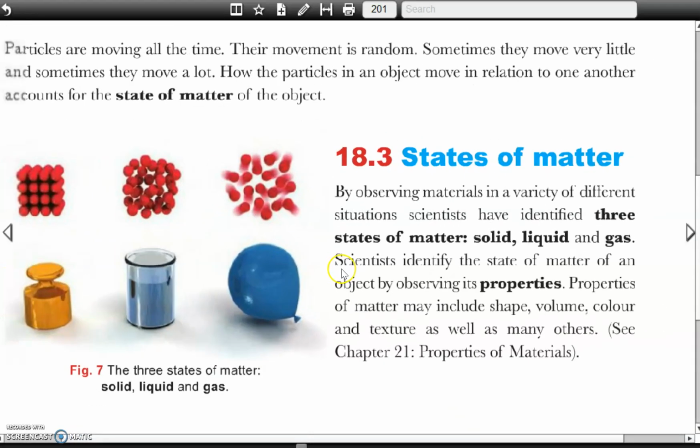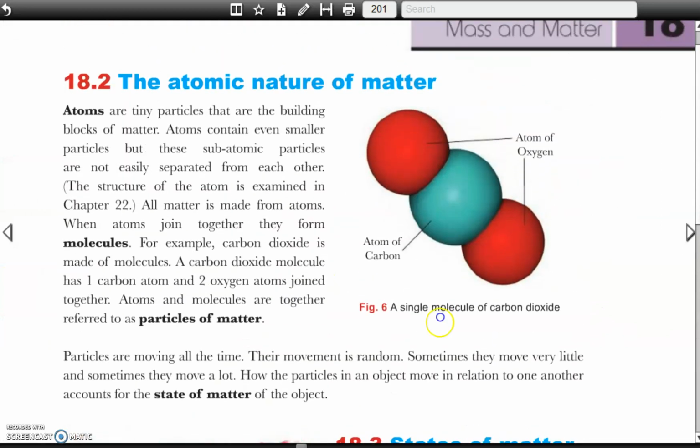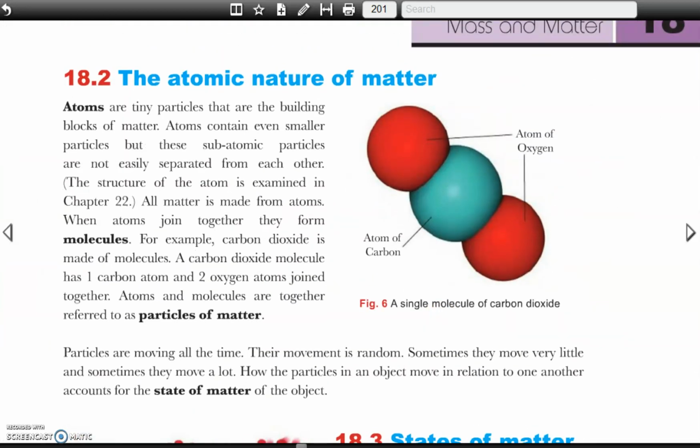If we look here, we can see that basically this is an atom of carbon dioxide here, CO2, so you have 2 oxygens and 1 carbon. When we talk about non-living things, the smallest part of them is an atom. We've spoken already about living things, and for living things, the smallest part of them is a cell. So you can look at non-living things as having cells, but we call them atoms.